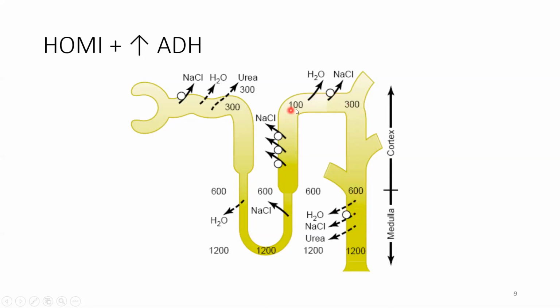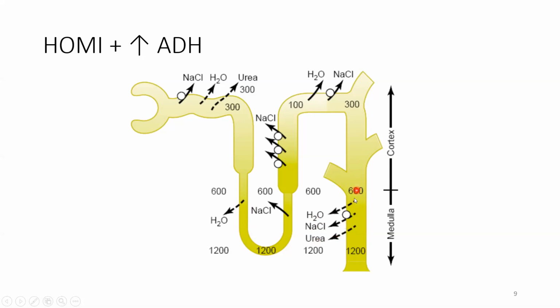Look at this 100, and in fact this becomes about 300ish as soon as it starts to come back into the hyperosmolar environment, because it is now made to give out its water, a bit of salt as well, and we'll talk about the urea in a bit.